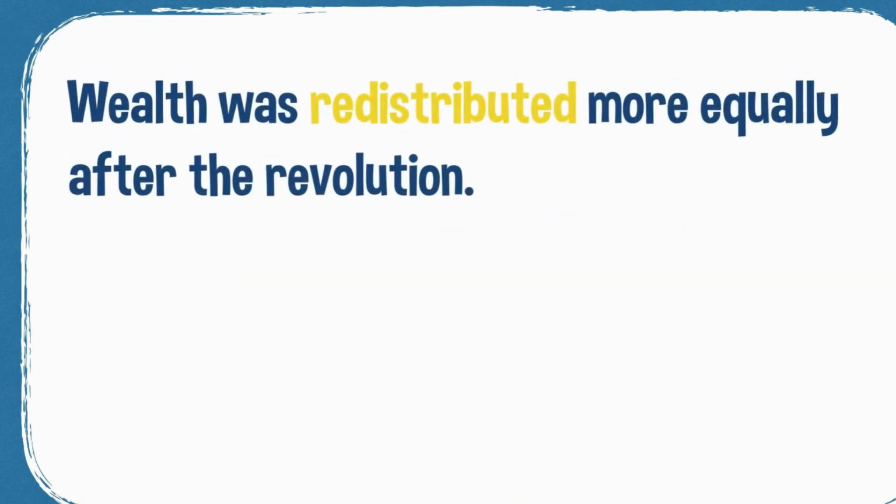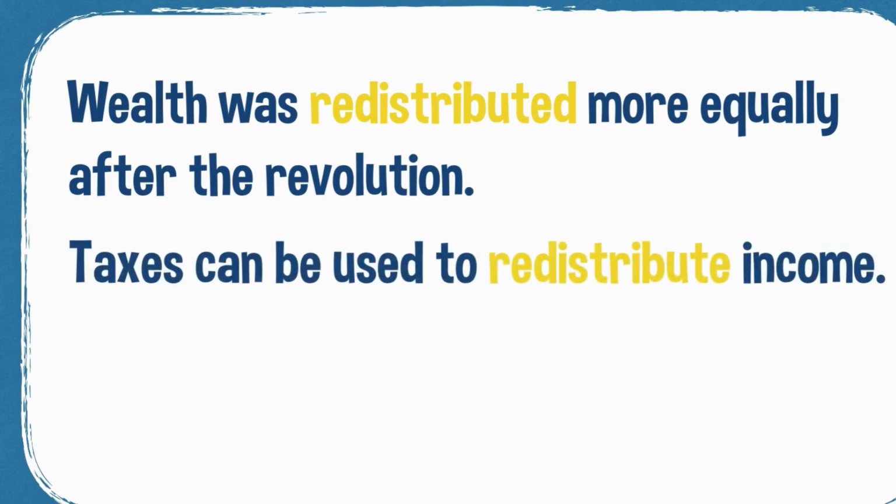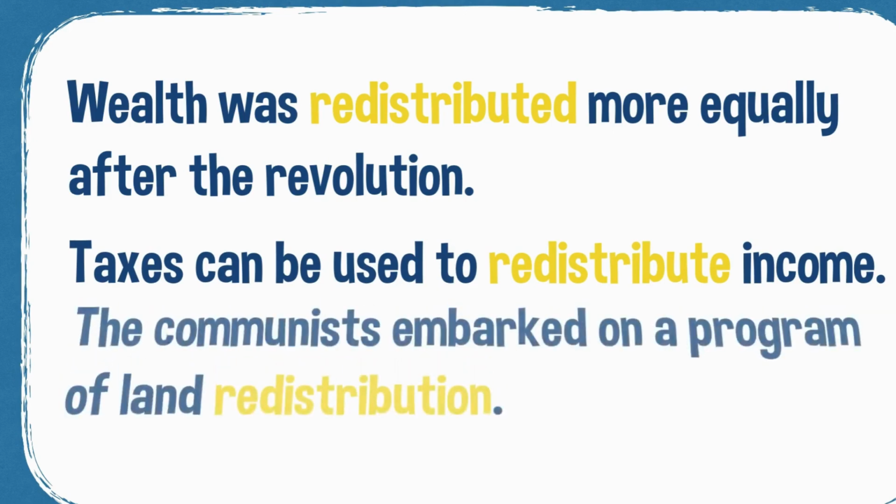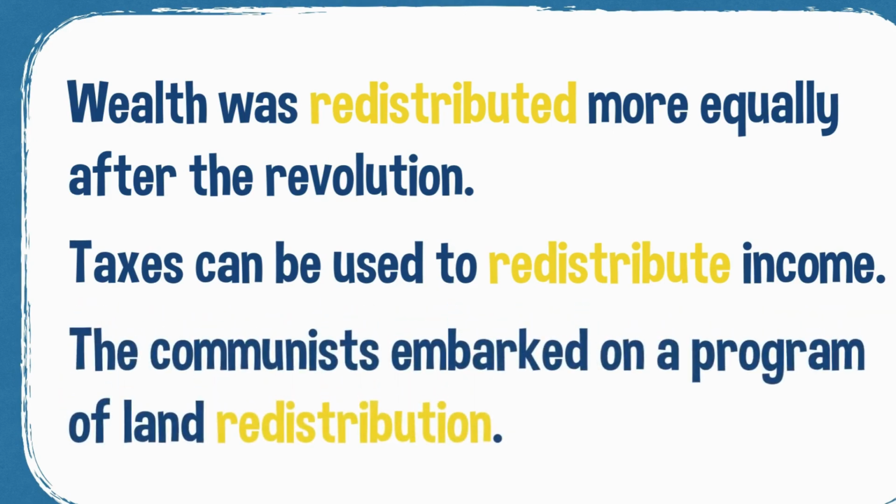So wealth was redistributed more equally after the revolution. Taxes can be used to redistribute income. And the communists embarked on a program of land redistribution. The third sentence has a noun here, redistribution.